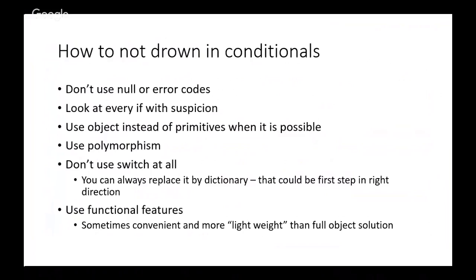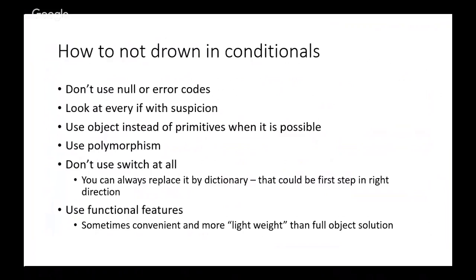Don't use primitives if it's possible, especially inside of your domain logic. Okay, when somebody types something on the keyboard in your UI, then it's a primitive, and then you have to collect it in some objects. But inside of your domain, don't use primitives as a parameter of methods.